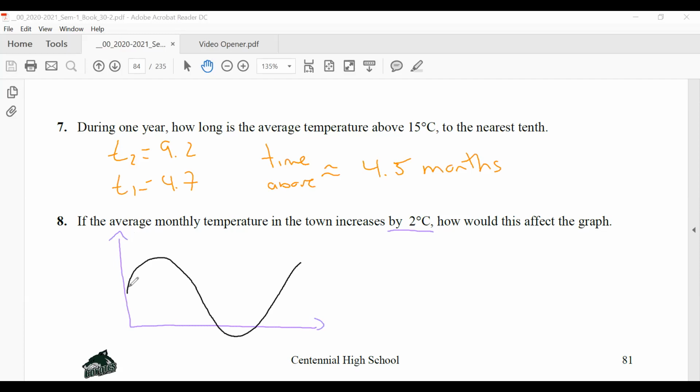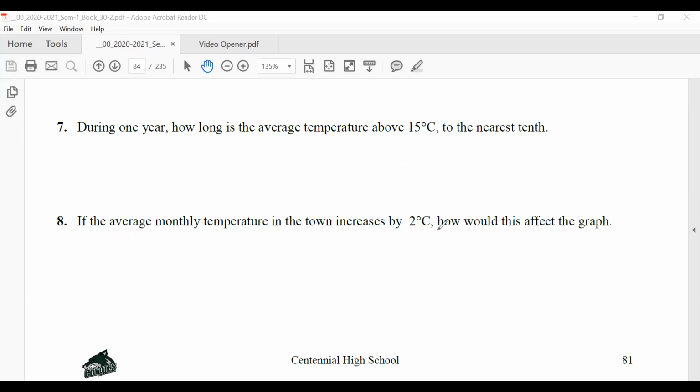It's not perfect. But if we increase this by 2 degrees, it's going to take this whole graph, there's our median line, and move this whole graph up. It's going to move it vertically up 2.